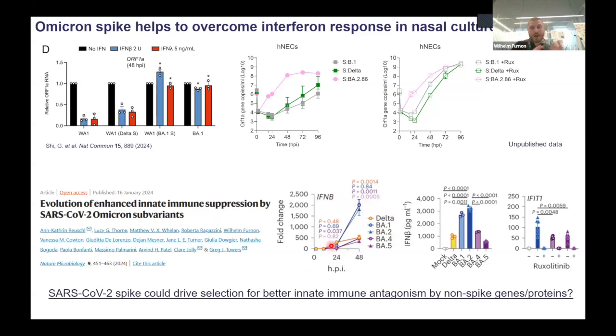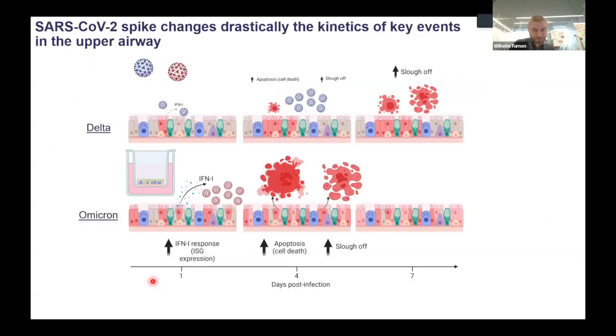If you try to combine all of this together, it seems, or at least I would think, that the SARS-CoV-2 spike could drive selection for better innate immune antagonism by non-spike genes. Better and more efficient replication in those airway cultures triggers a lot of interferon response, which pushes the virus to select for better antagonism.